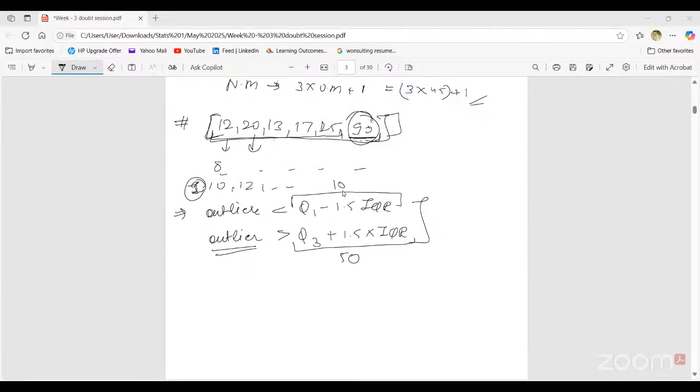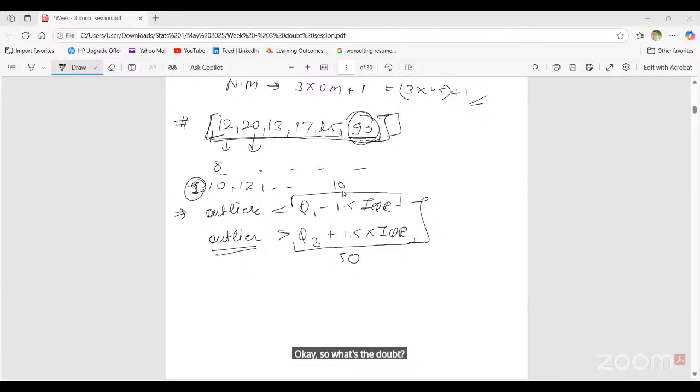Question number 2. Switching all the plots. Okay, so what's the doubt?